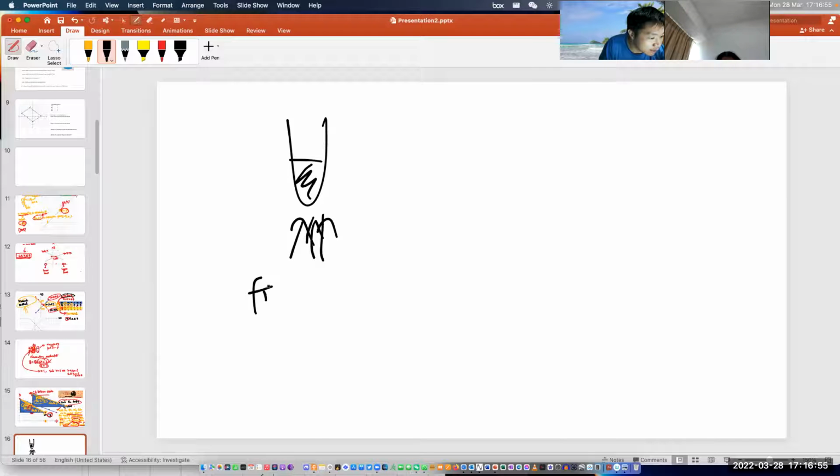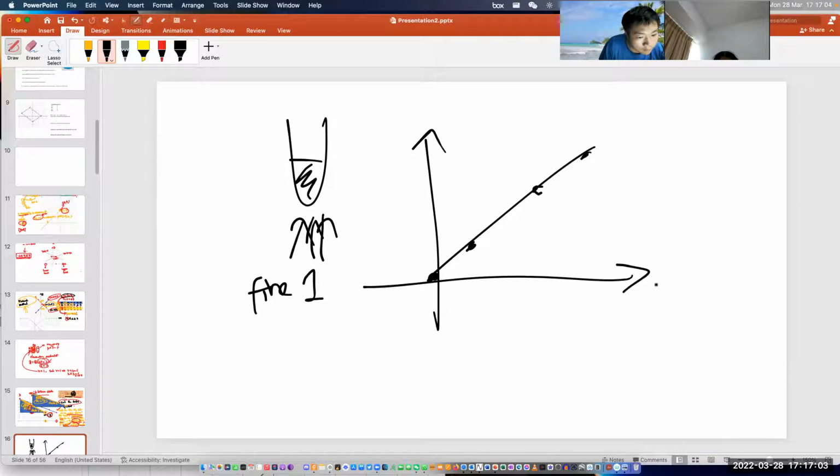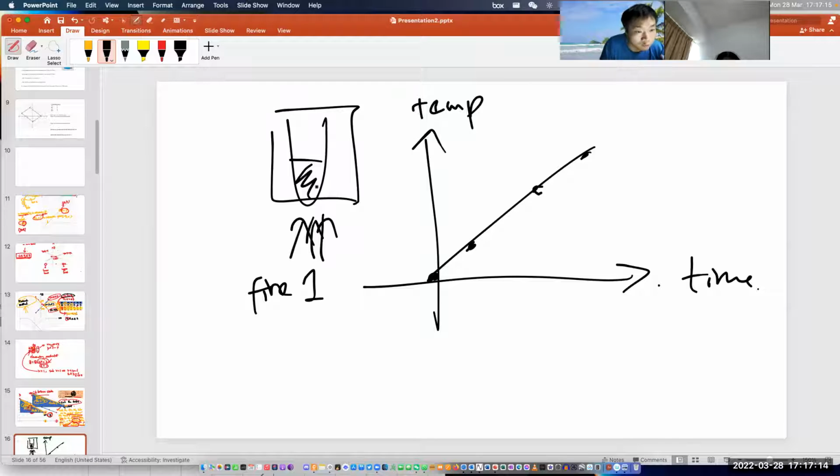Let's say this is your fire one. So your temperature is going to increase over time. This is your time. This is the temperature of the test tube. Over time, the temperature of this tube will rise to a certain point.